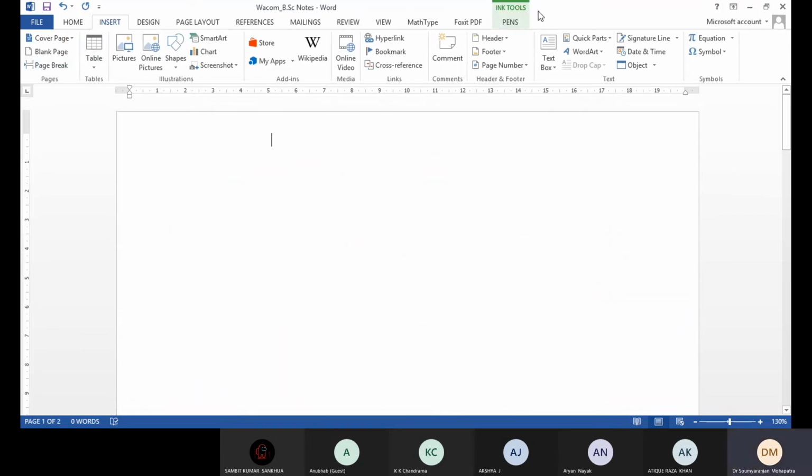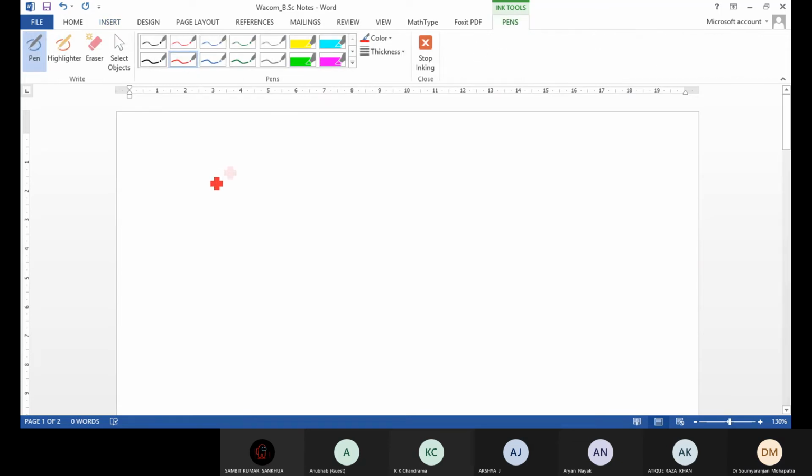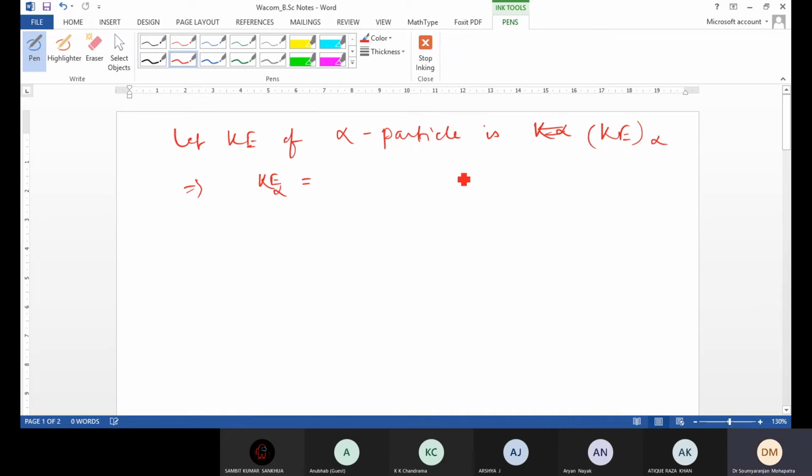So now I can write, if K alpha is the kinetic energy of the alpha particle, then kinetic energy of alpha is equal to half m alpha v alpha square.